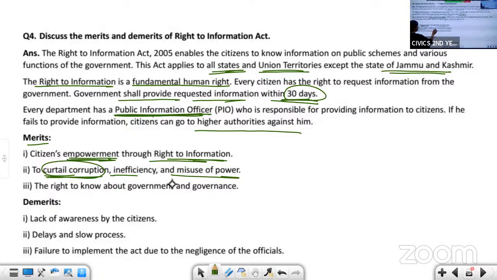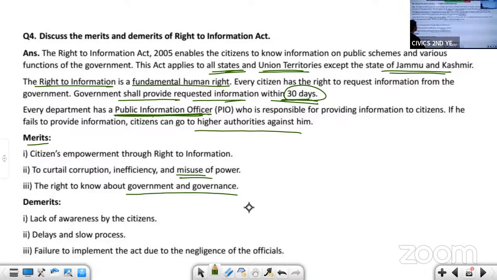The officials will become more efficient. They'll try to do their work more efficiently, and they will not misuse their position. The right to know about government and the governance: this right to information gives us the right to know about the government and the governance.